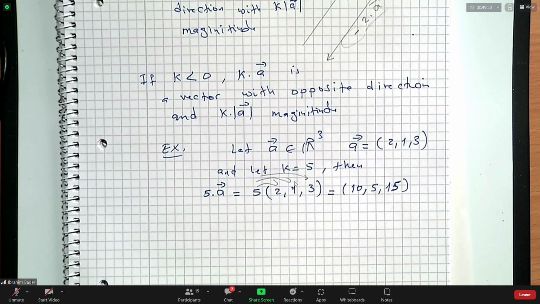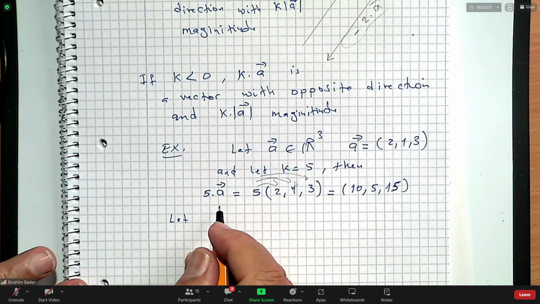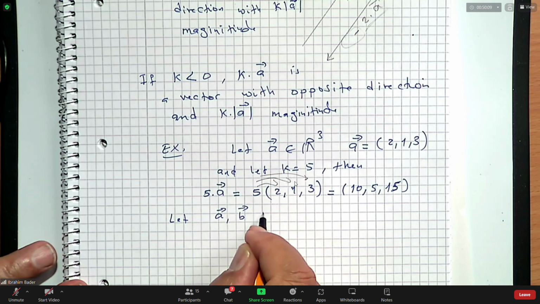Okay, now some properties with this. Let's assume we have A and B vectors.